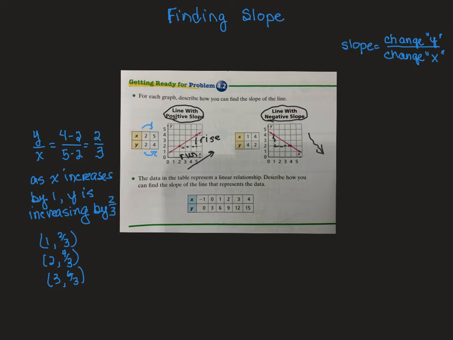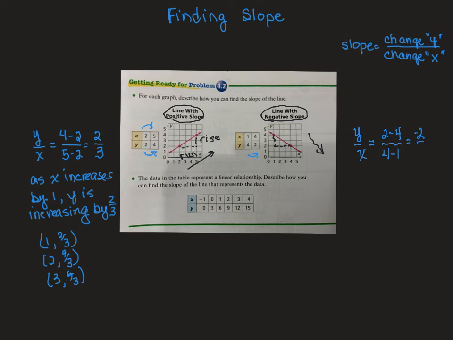Let's look at the other side now. This is decreasing. Let's see how that works out. So I'm going to have change in y over change in x, and that is 2 minus 4, because I went from 4 to 2. And then for x, I'm going from 1 to 4. So what was the change there?